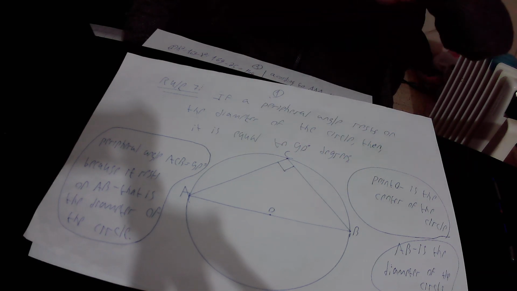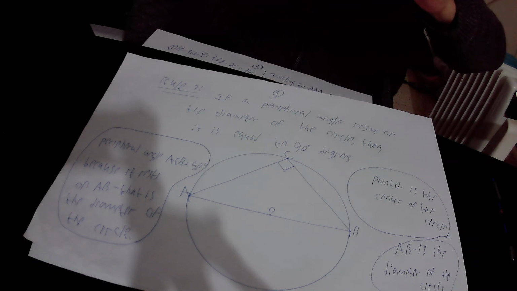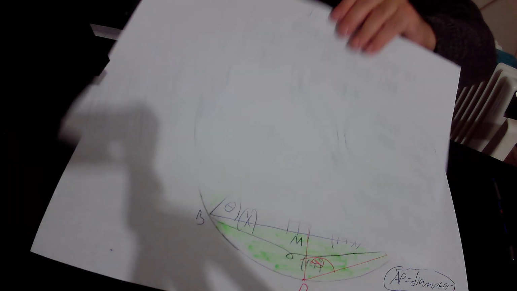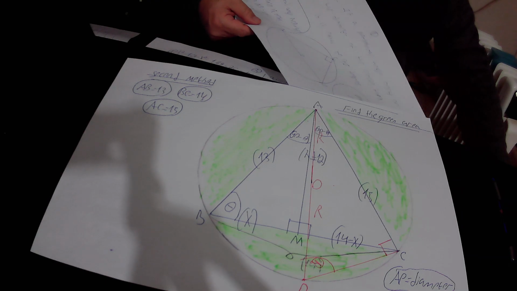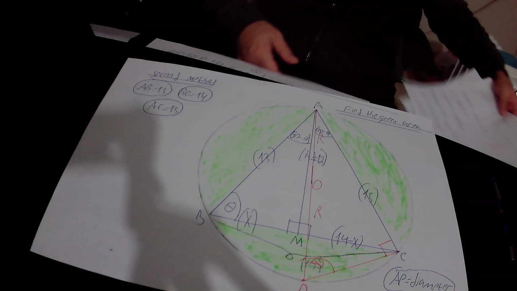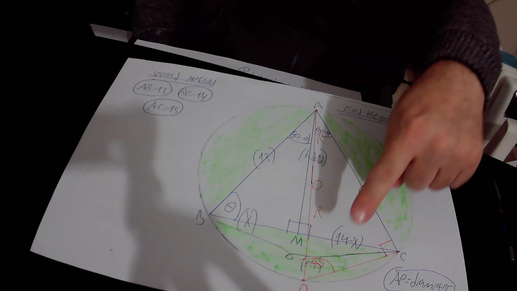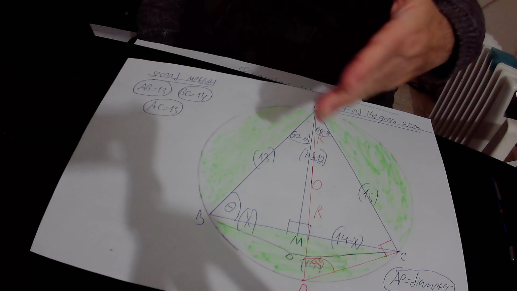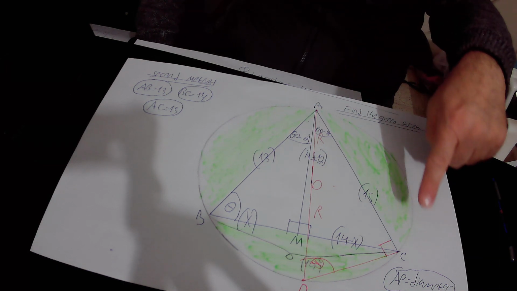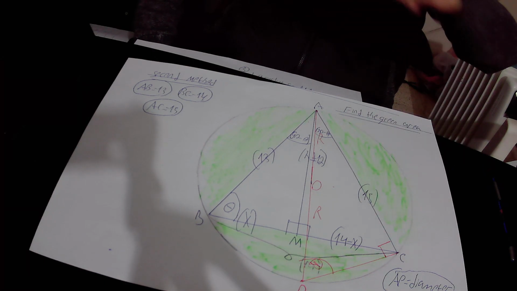Therefore, this peripheral angle ACB must be equal to 90 degrees. We can implement rule number 7 in our drawing. Why? Because in our drawing, we have peripheral angle ACP that rests on AP, and AP is the diameter, therefore, peripheral angle ACP according to rule number 7 must be equal to 90 degrees.